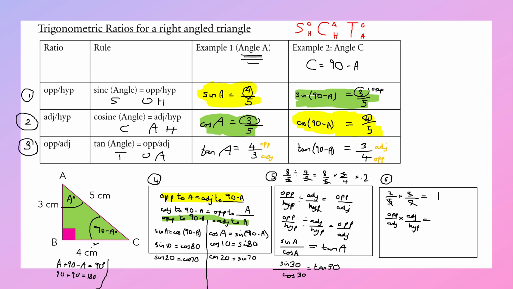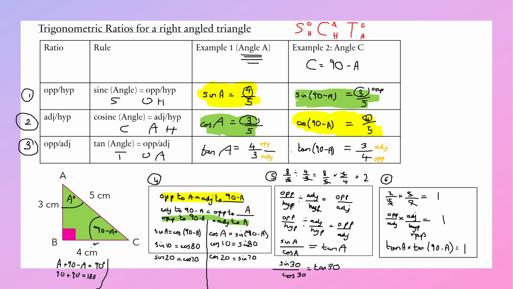In the same way, if we're doing opposite over adjacent times adjacent over opposite, that's going to give us 1 as well. So another rule we can have is tan A times tan 90 minus A equals 1.